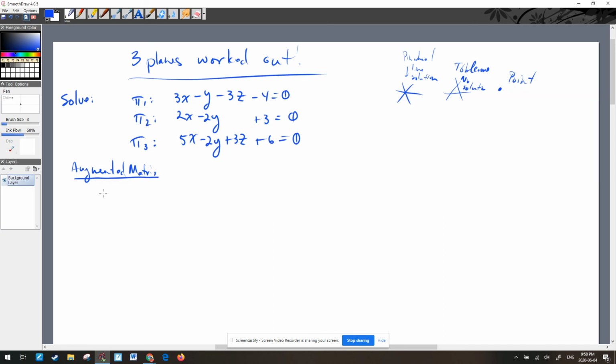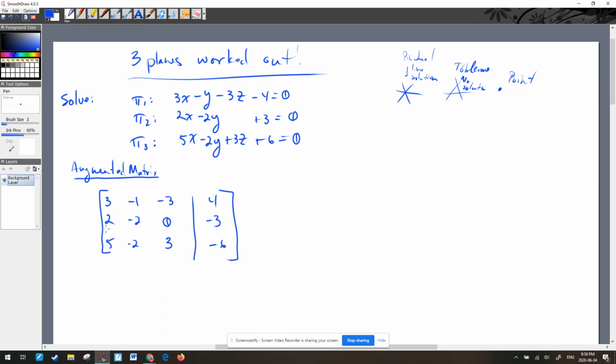Augmented matrix. So we're going to have 3, -1, -3, 4. 2, -2, 0, -3. 5, -2, 3, -6. Now, this is non-trivial.